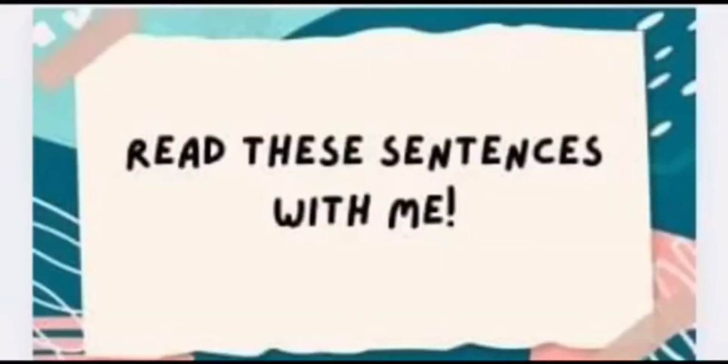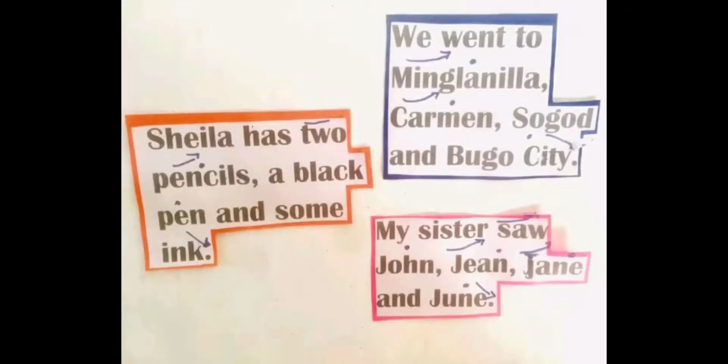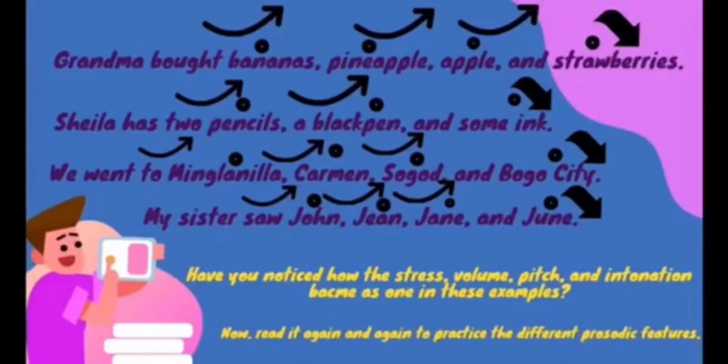So this time, read these sentences with me. Grandma bought bananas, pineapple, apple, and strawberries. Sheila has 2 pencils, a black pen, and some ink. We went to Manglanelia, Carmen, Sugod, and Bugu City.